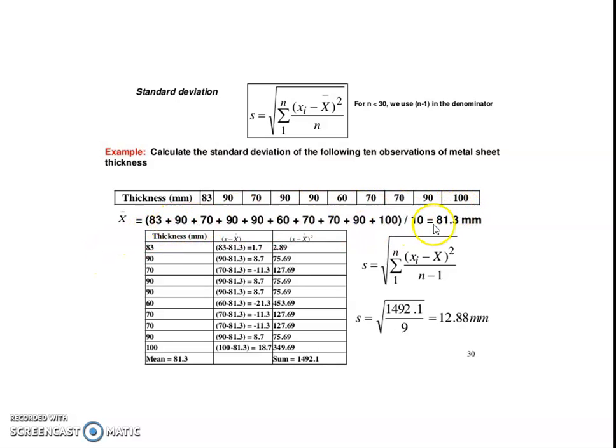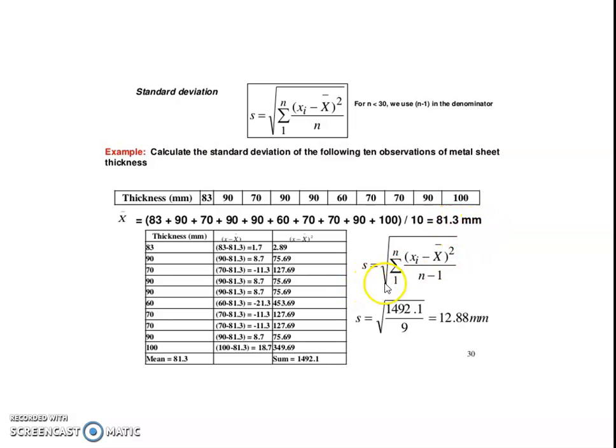We take the total of this thickness and divide it by 10, because 10 numbers are given. So the mean x bar is total divided by 10, which is 81.3 millimeter.